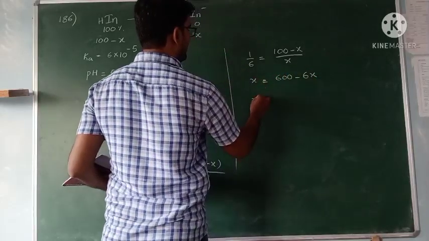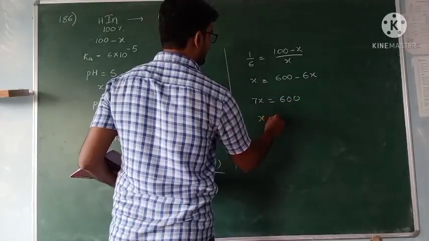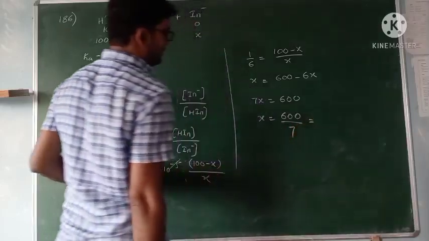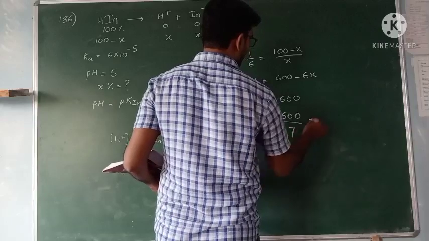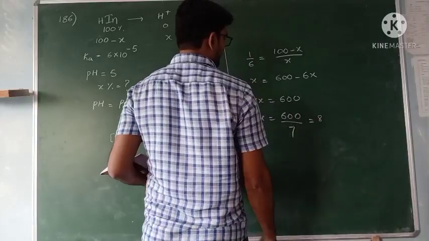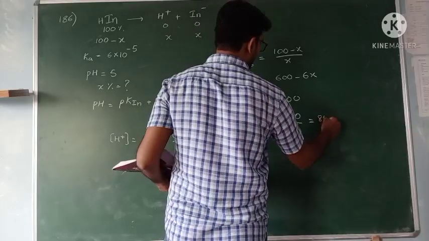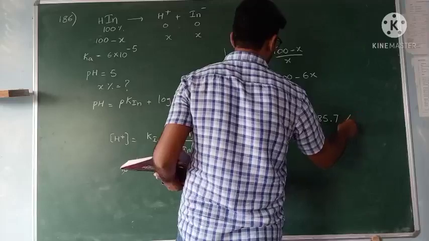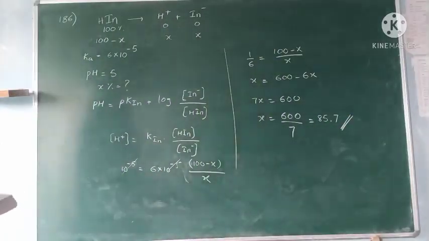This moves to this side, 7X equals 600, then X equals 600 by 7. 7 8s are 56, 4 left, 40, 7 5s are 35, 50, 7 7s are 49. So 85.7 percent.